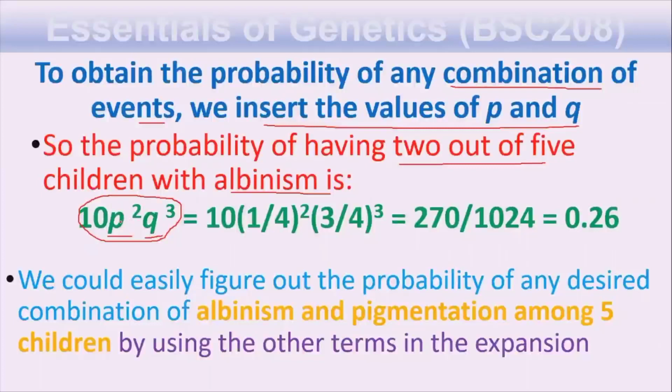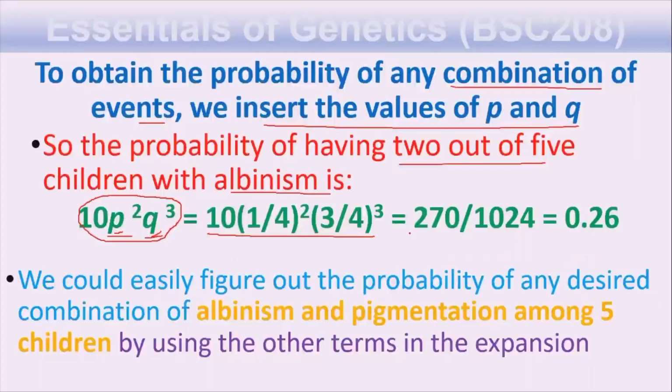So just putting the values of small p and small q in this equation, we can get the probability of the events in which 2 children will be having albinism, and three children will be normal. So total children are five. Two will be with albinism, and three will be with normal pigmentation.